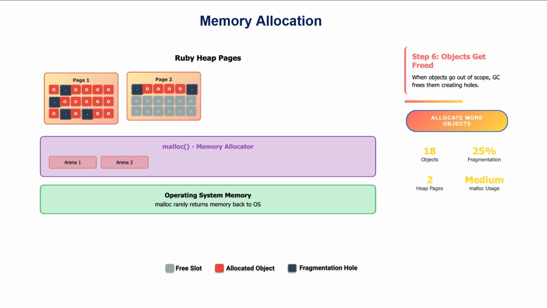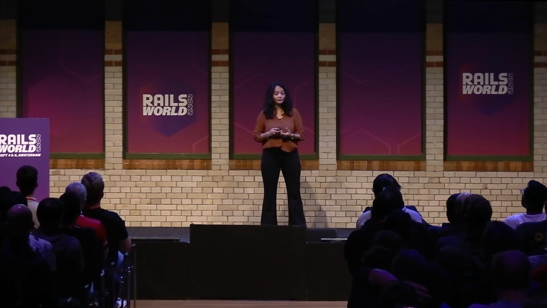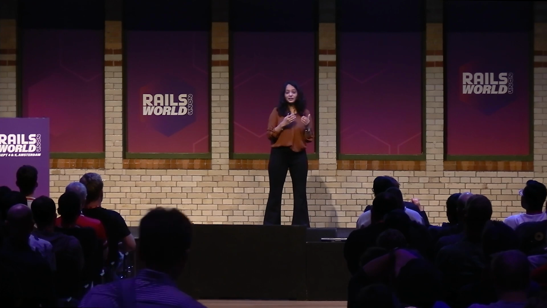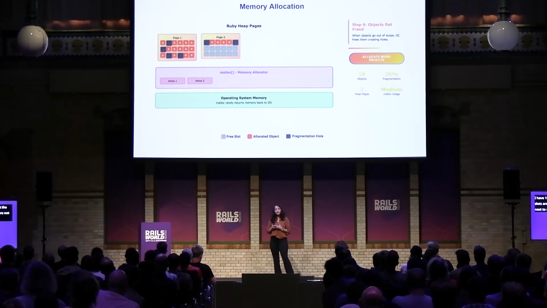As time grows, the garbage collector is going to free some of the objects. As we see, the black ones are the holes it creates. Now, what's the problem? The slots are not adjacent to each other. So for example, I have a 160 KB object, but the slots are not next to each other, and it cannot allocate in any of them.